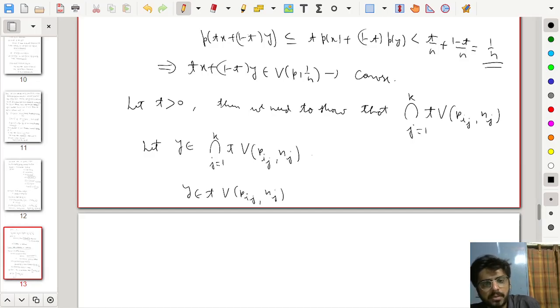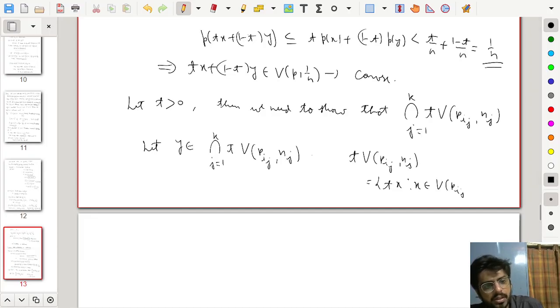What does this mean? y belongs to t times V_{p_{i_j}, n_j}. Before doing this, let us understand what is t times V_{p_{i_j}, n_j}. This is t times all x such that x belongs to V_{p_{i_j}, n_j}.